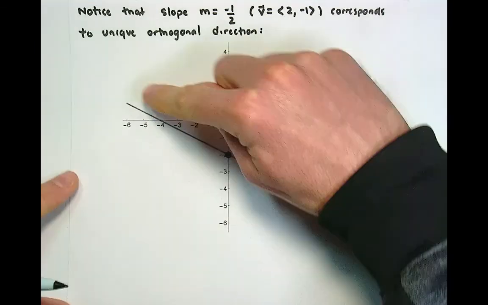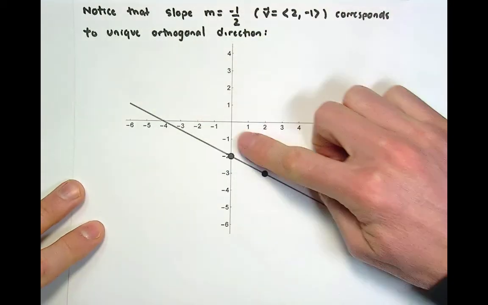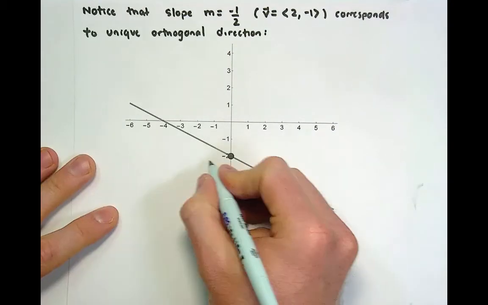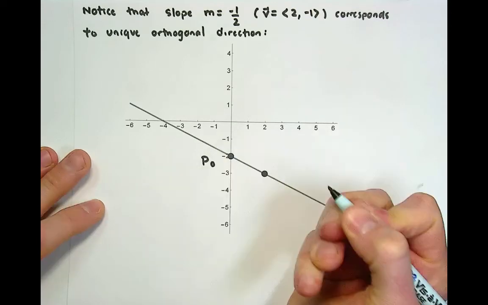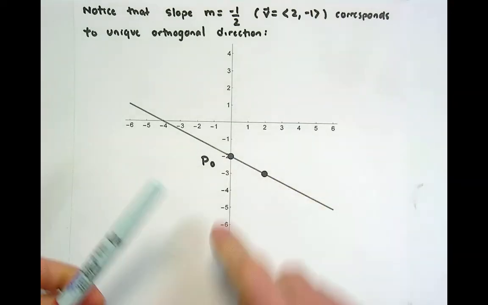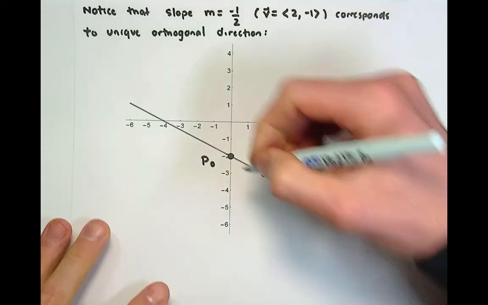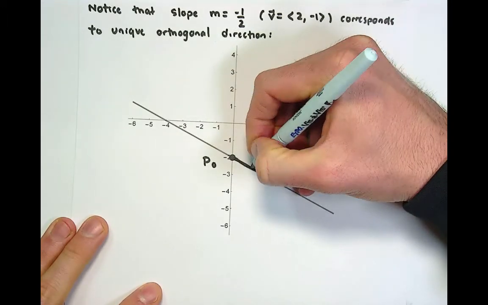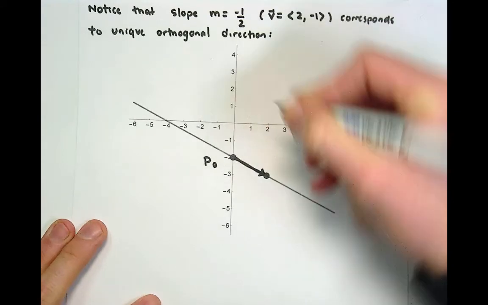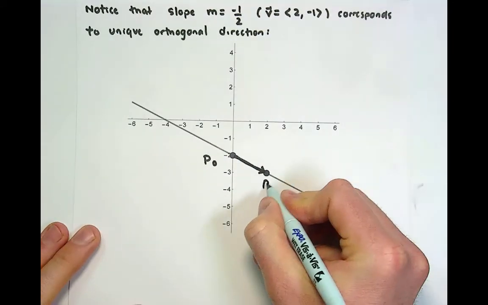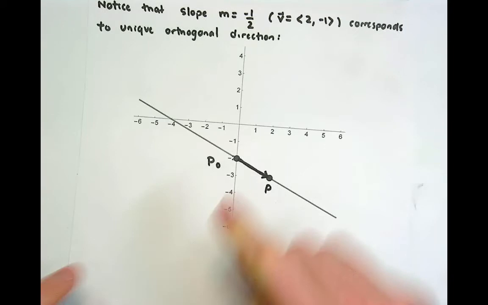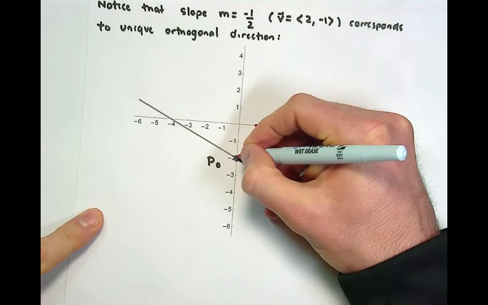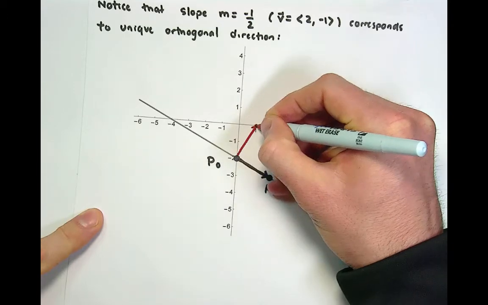Meaning to say that when we have, here's the exact same line, here's our point P naught, so let's call this thing right here P naught. This direction here, so the direction of this vector that connects any 2 points on the line, and maybe we call this point right here P, that direction corresponds with a unique orthogonal vector, which we're going to call n.